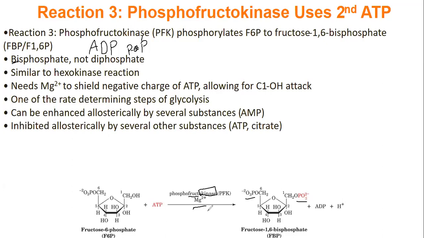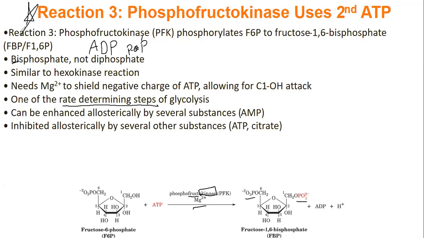Magnesium is shielding the negative charges of our ATP, allowing for that attack to put a phosphate on. We're going to look today at PFK and its role in maintaining glycolysis speed, and it is the most important step of glycolysis. It is the RDS, or rate determining step.